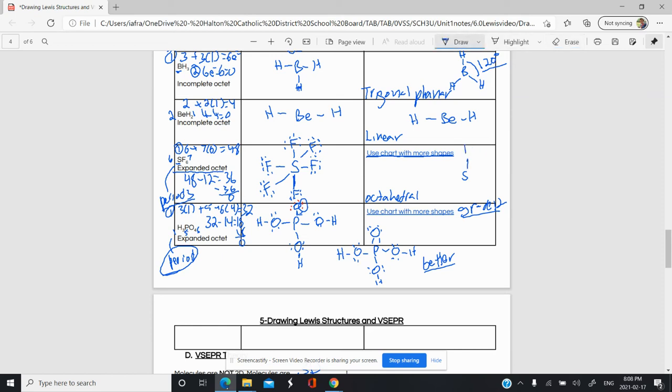One along the top, in the plane, one along the bottom in the plane, then two coming out at us as a wedge, and then two going behind us as dashes. Again, that's more of a grade 12 shape, but if you do come across any extra practice, you can use that chart there till you find the shape.